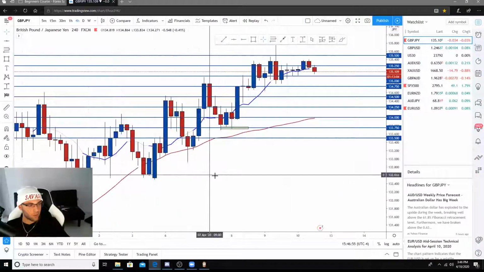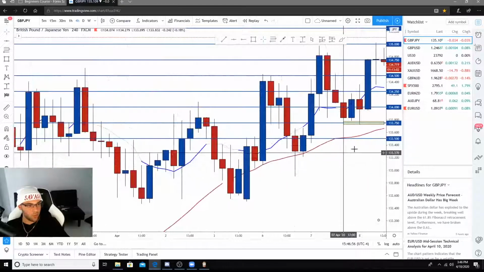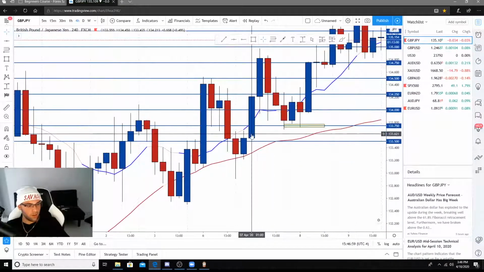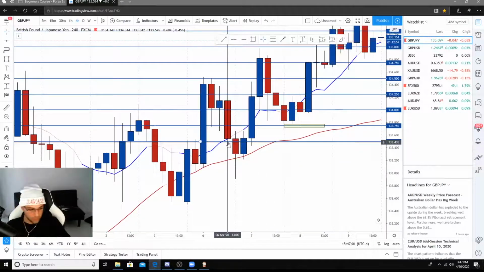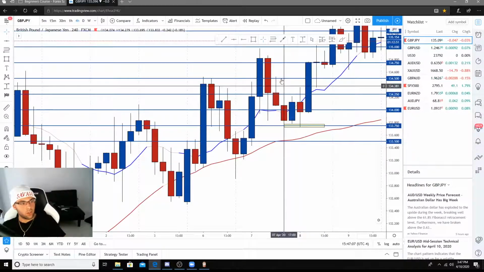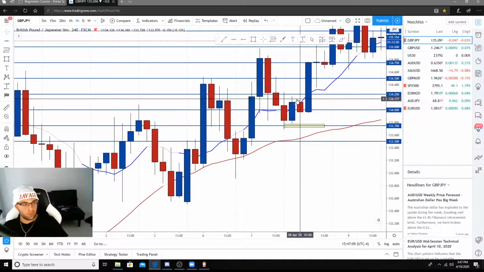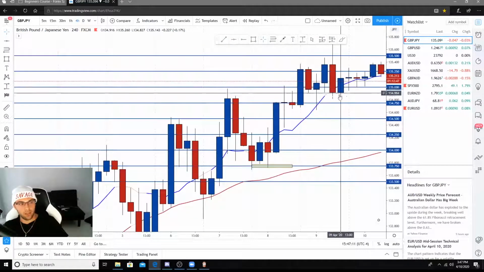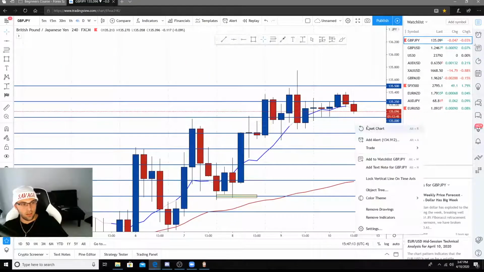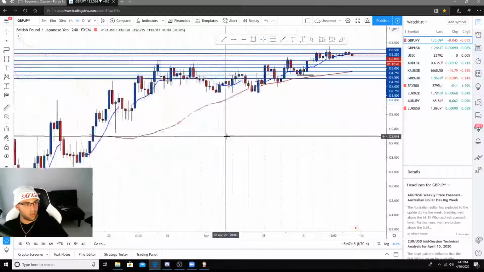Look how 4 hour zones also respect quarter theory points. Boom. Respect, rejection. Boom, respect, respect, rejection, rejection. Look at that. The wicks in here tell it all.